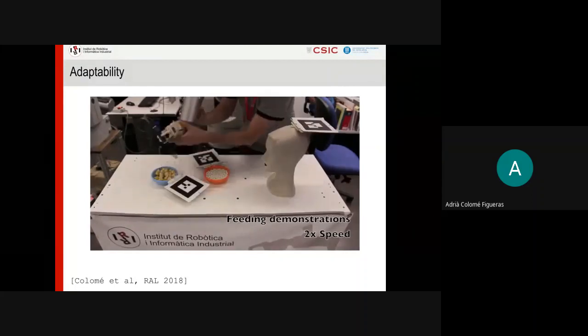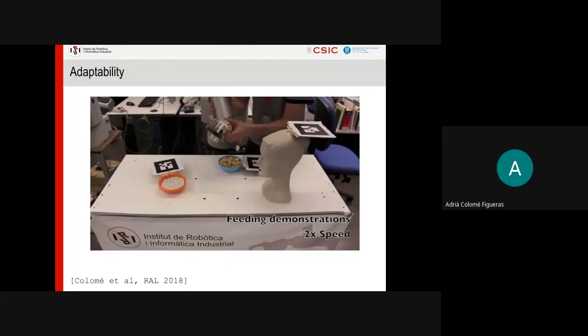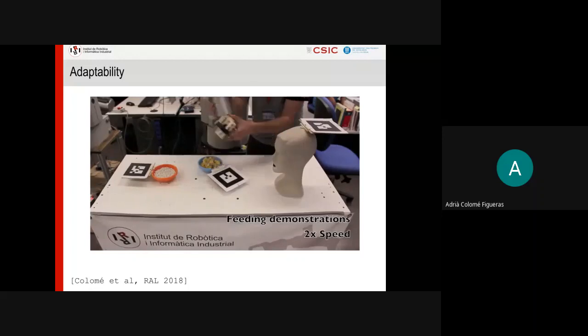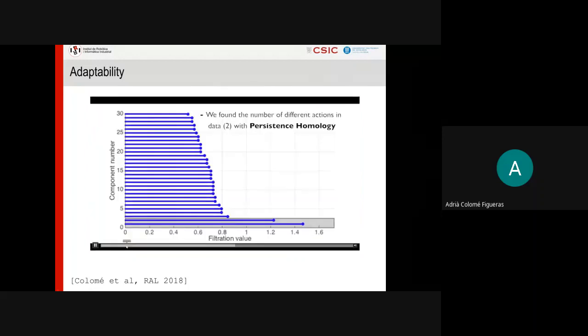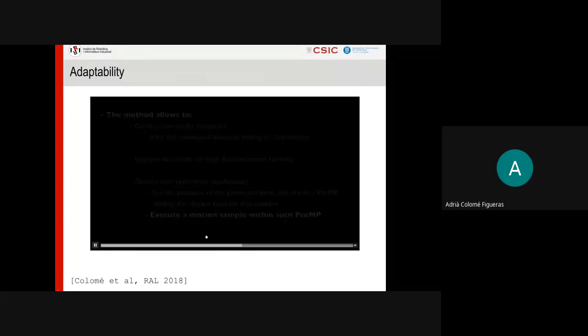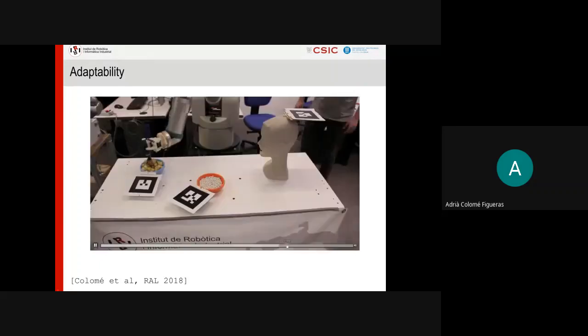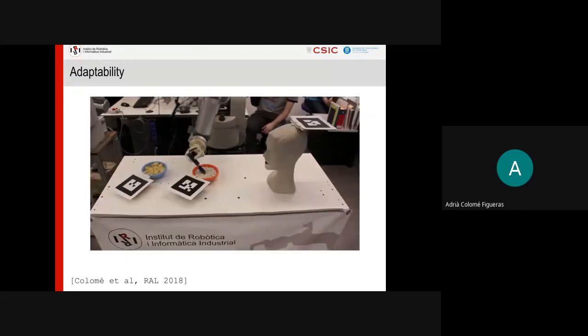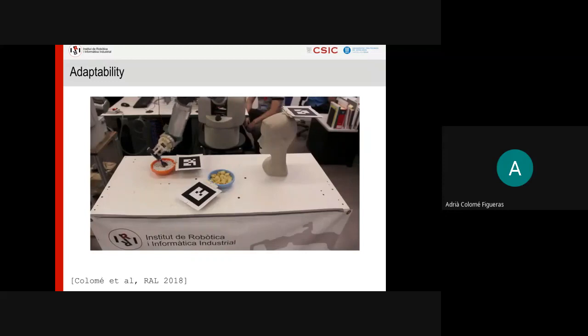Then, given a context, that is, where the plates are, where the head is, and what kind of food we want, we could actually end up providing the food to the mannequin. And this was all by conditioning on the context variable. So it is usually very useful to plug these contextual variables into the motion characterization, and then make this dependence.